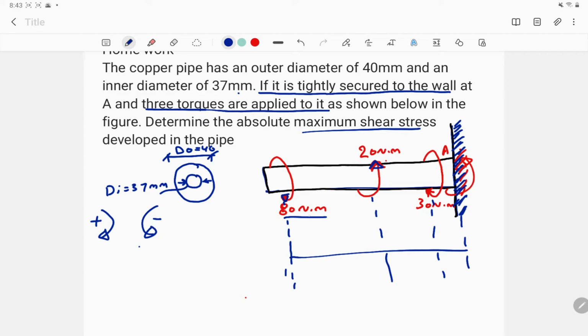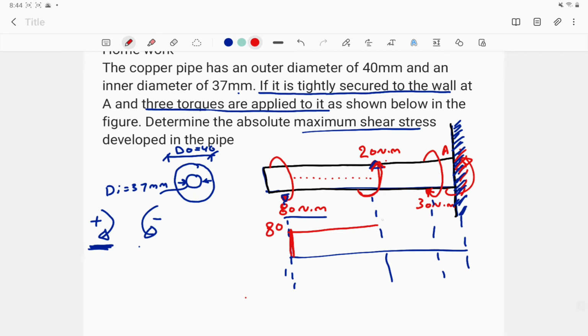So 80 Newton meter is going to be positive, so my drawing is going to be up to 80. After this point, we don't have any torque, so it's going to continue to be 80 until we find another torque applied in the opposite direction, which is negative 20.